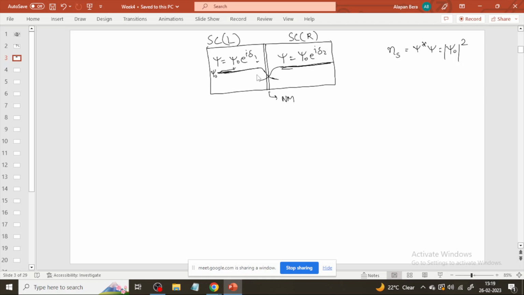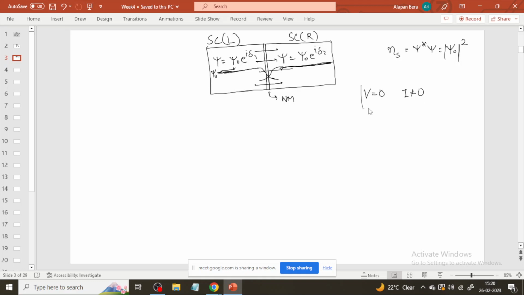So from here we can see that some density of Cooper pairs can penetrate this normal metal and flow from one region to another. And this flow of Cooper pairs from one superconducting region to another gives us the current in the absence of an external field, or external voltage.